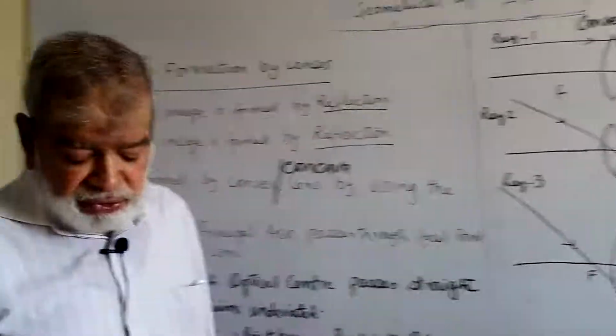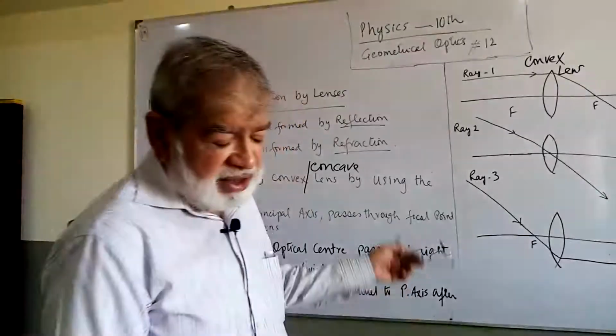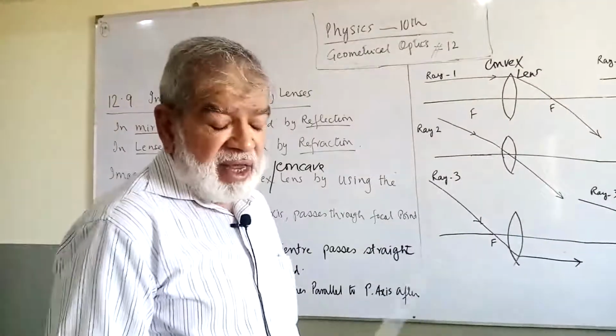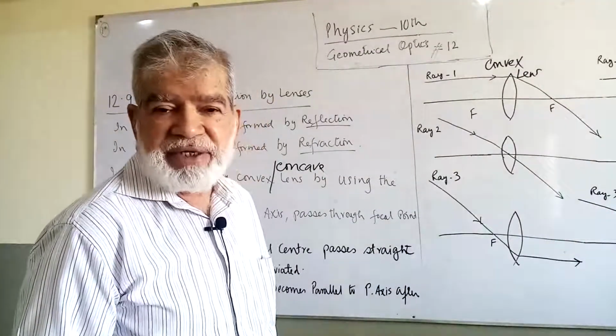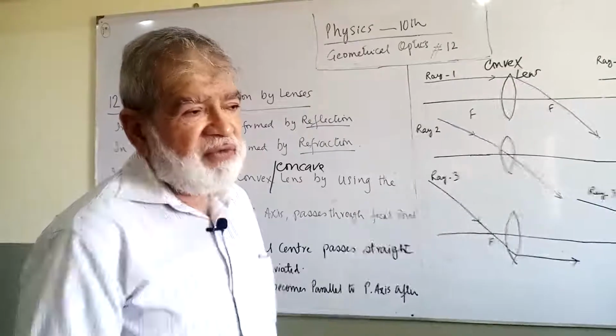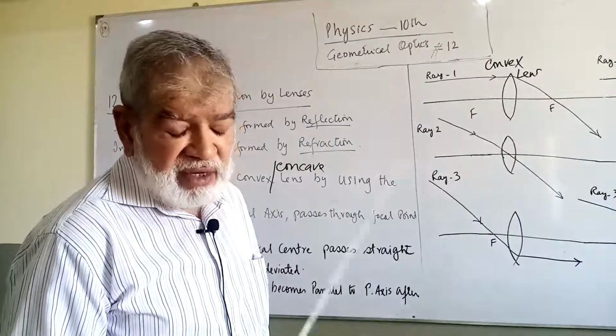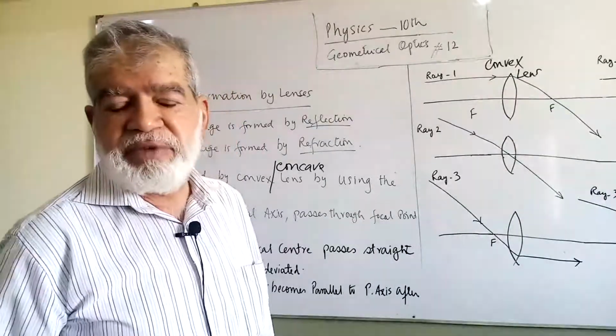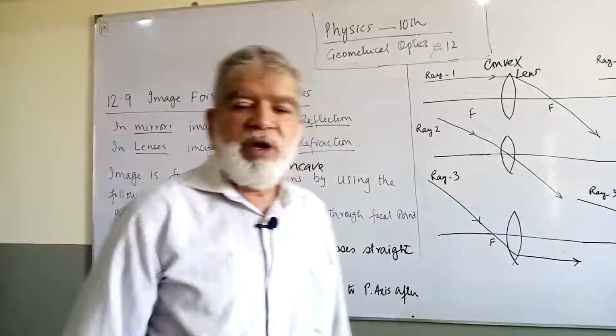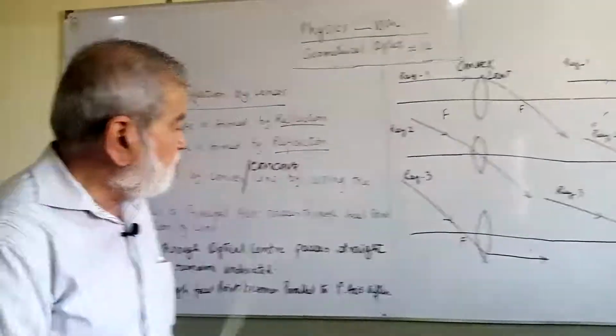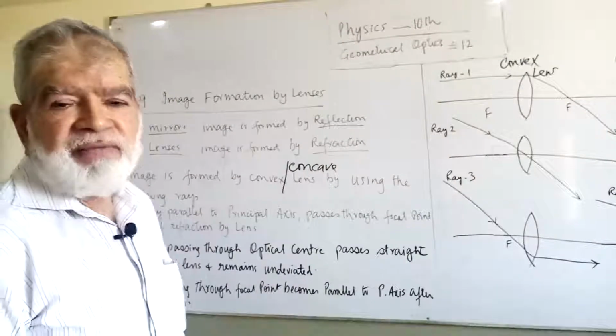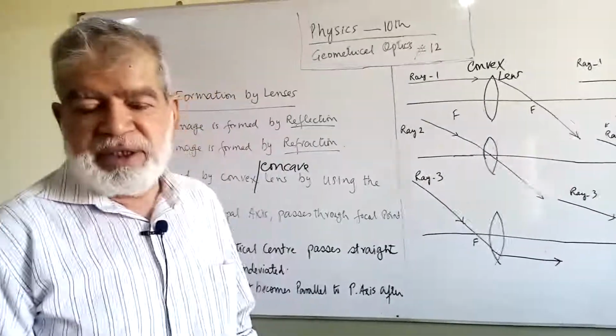I would like you to draw these diagrams and practice them as often as possible, so that when you have to form the image by a convex lens, when the object is at different positions of the focal length, you will be able to draw them. Any two of these rays are important for drawing an image of an object. Thank you.